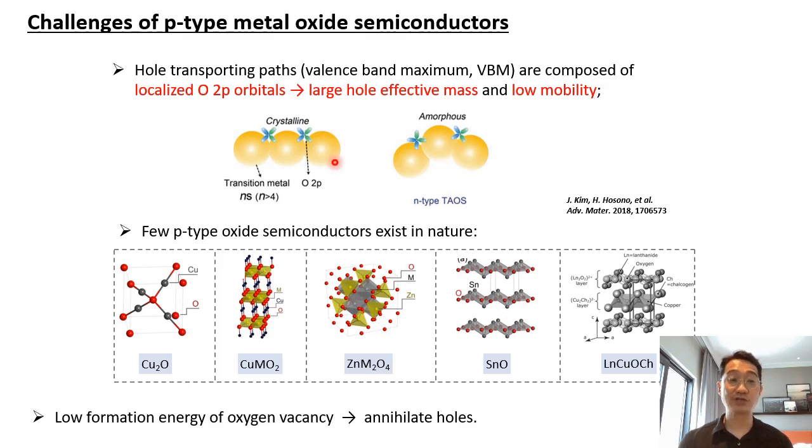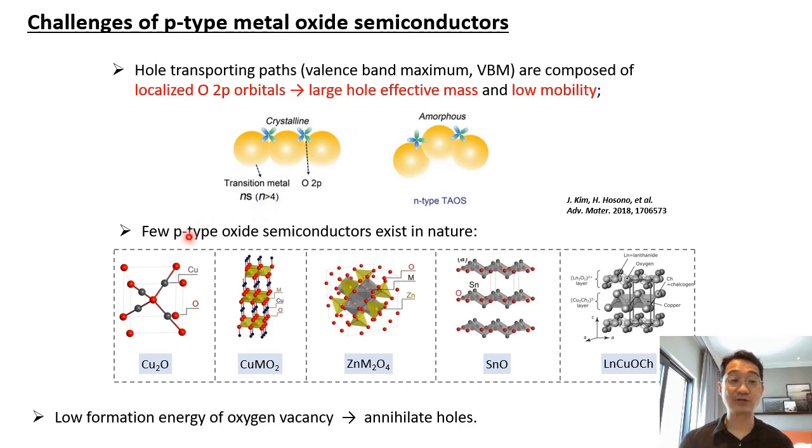But unfortunately, the valence band maximum is composed of the relatively small oxide 2p orbitals. The oxide 2p orbital size is very small, so it's difficult to get good overlapping between the oxide 2p orbitals. That's the reason hole mobility at room temperature is much lower compared to electron mobility in oxide semiconductors.